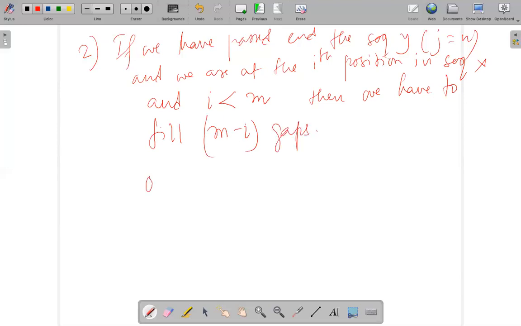So in this case, OPT in is equal to 2 into M minus i. So these are our two base conditions.